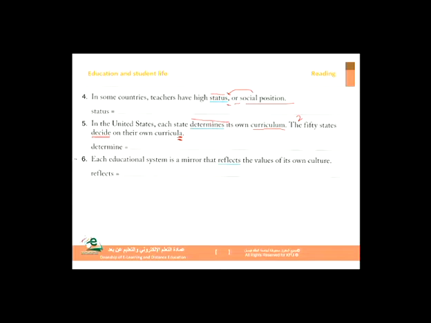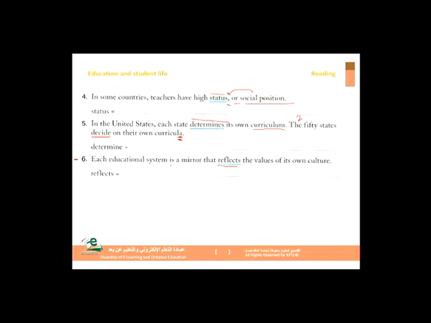Okay, sentence number 6. I hope that it's clear. Number 6, each educational system is a mirror that reflects the values of its own culture. The word that we want to know the meaning of is reflects.